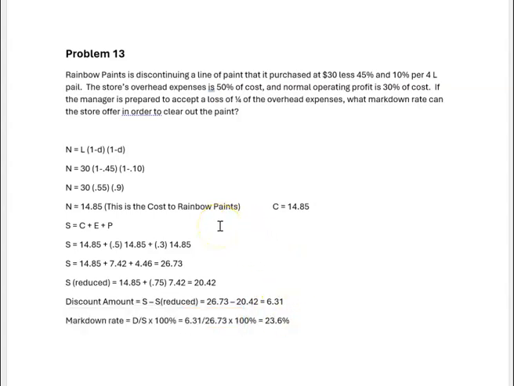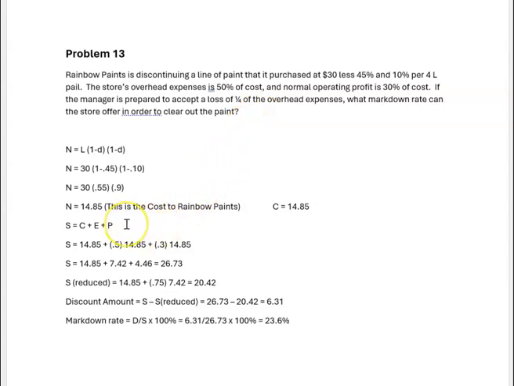So now we need to figure out the store's overhead expenses are 50% of cost, and normal operating profit is 30% of cost. If the manager is prepared to accept a loss of 1/4 of the overhead expenses, so they're okay with losing 1/4 of the overhead expenses, therefore they want to cover 3/4 of the overhead expenses. What markdown rate can the store offer in order to get rid of the paint?